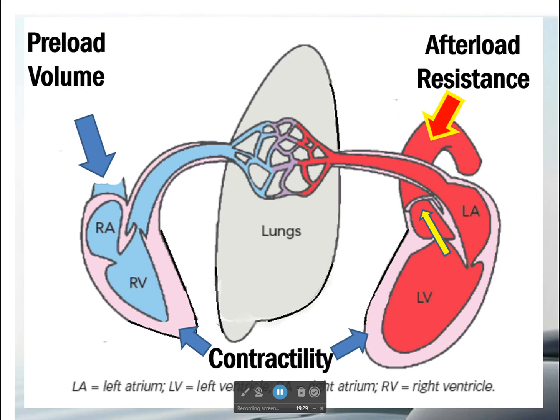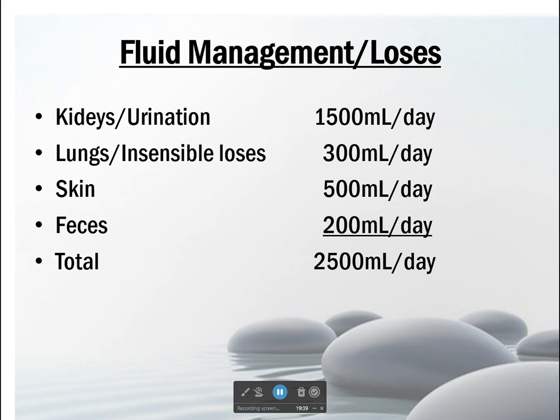Those three components, preload, afterload, and contractility, form the essence of cardiac output, determine how well cardiac output operates. So remember that. Heart rate times stroke volume equals cardiac output. Cardiac output is composed of preload, afterload, and contractility, volume, resistance, and squeeze.